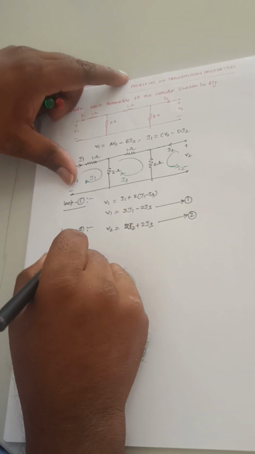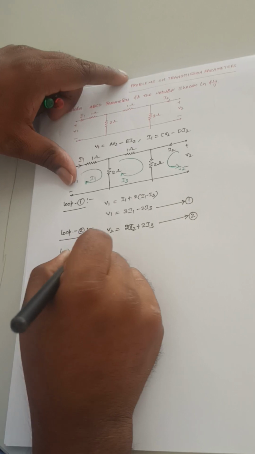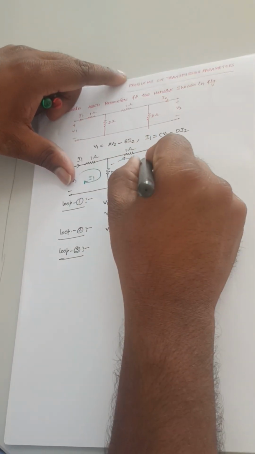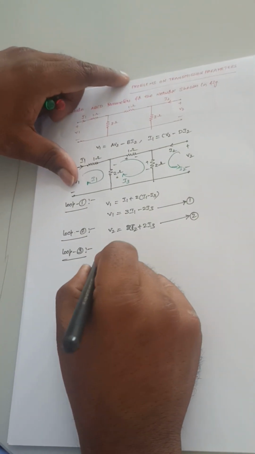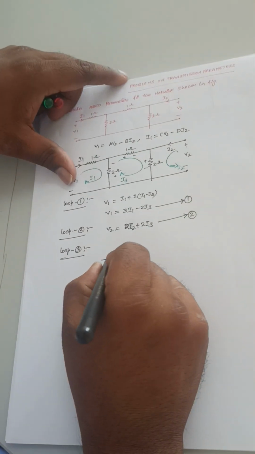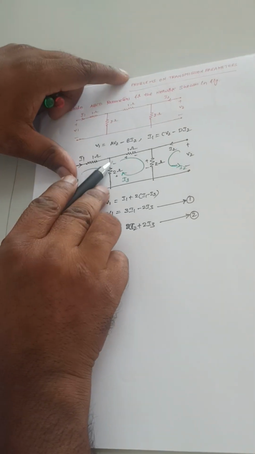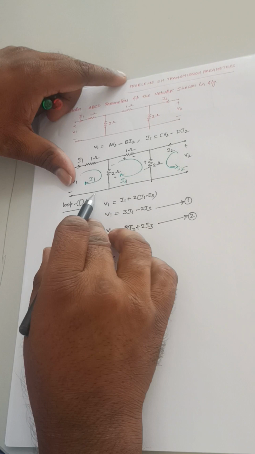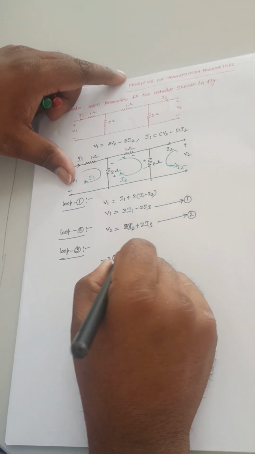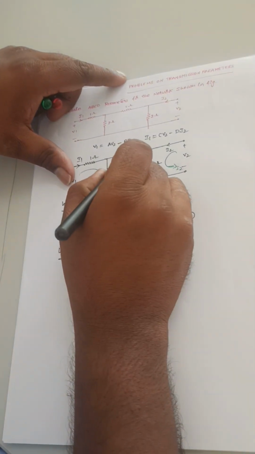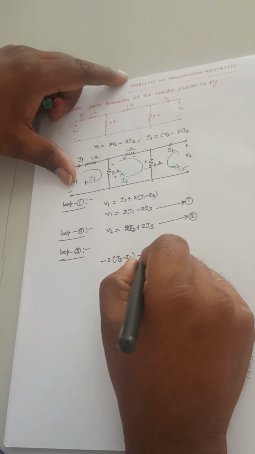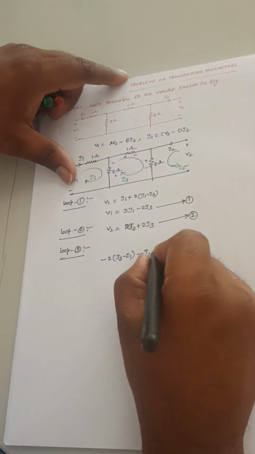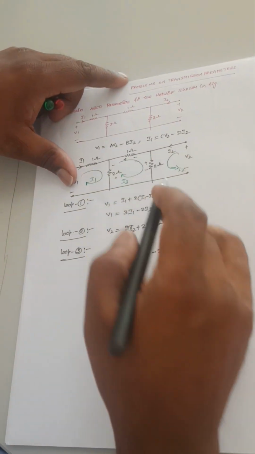For loop 3, it is plus and minus, plus and minus, plus and minus. Now I can represent it as minus 2 into the current leaving the terminal direction, so it is minus 2 into I3 and I1, both are in opposite direction. So it is I3 minus I1, minus 1 into I1, minus 2 into I3 and I2, both are in the same direction.